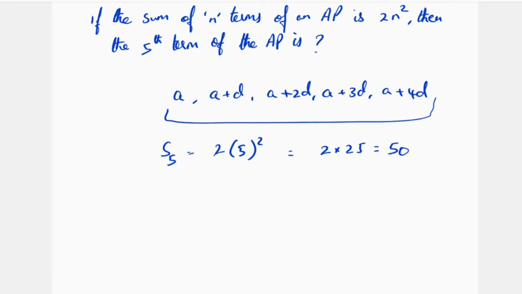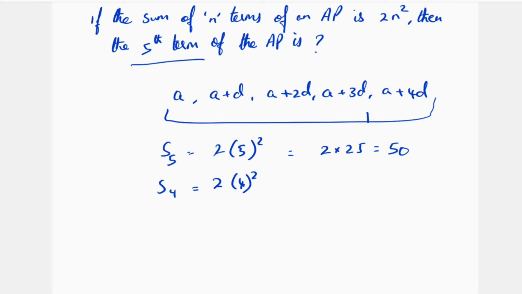Now, they are asking me to find the fifth term of this AP. I have the summation to 5 terms over here. S5 is equal to 2 into 5 square, which is equal to 50. Now, if I take the summation up to 4 terms of this arithmetic progression, S4, applying the same formula, 2n square, I'll be getting 2 into 4 square, because n over here is 4.